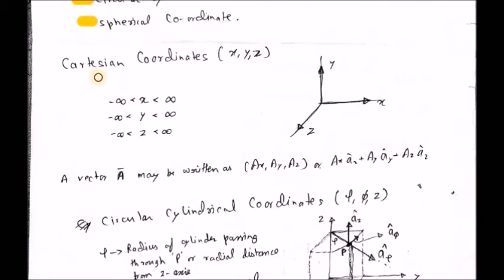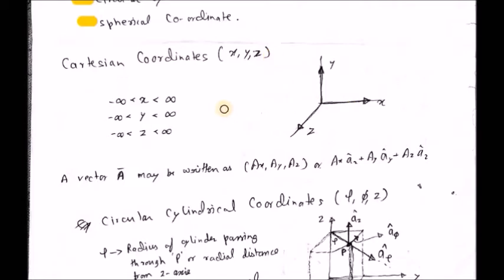The Cartesian or rectangular coordinate system is the system we normally deal with. It is like the x, y, z that we see in our daily life. You can look around your room, it has walls and floors, so it is like an x, y, z coordinate system.